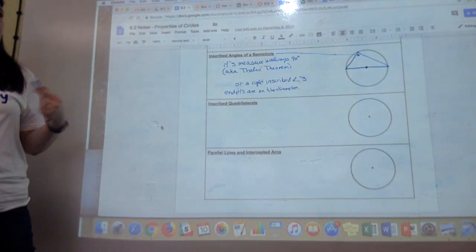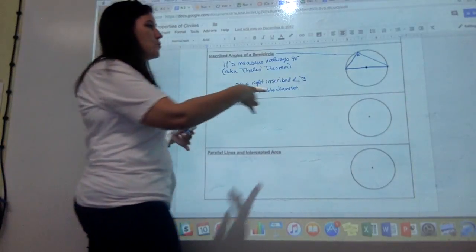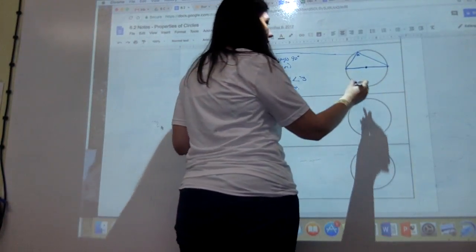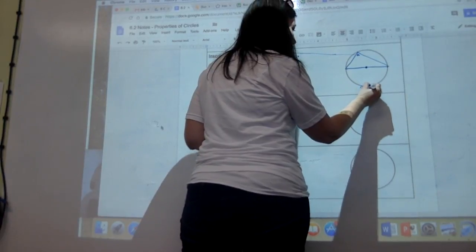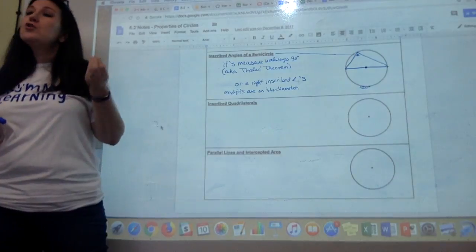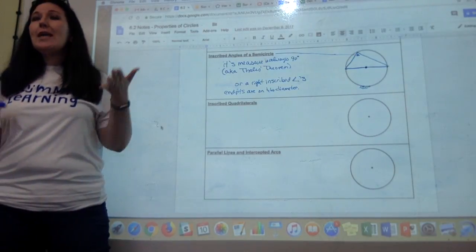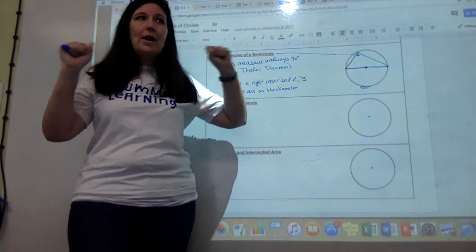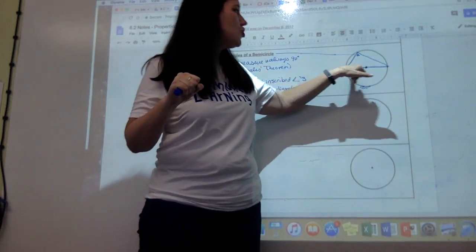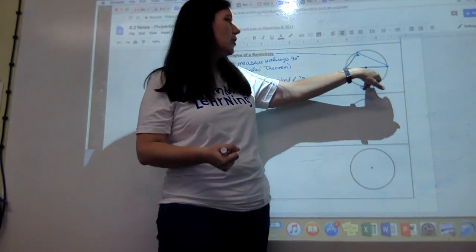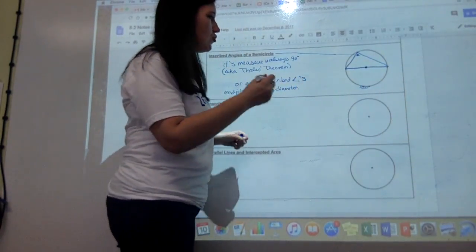So you can also think about it this way. What's the measure of a semicircle? 180. Is that something we know to be true? It's always true. So you can't assume something looks like a right angle unless it tells you. But if you have a circle and it shows you the diameter, they're going to show you the point.